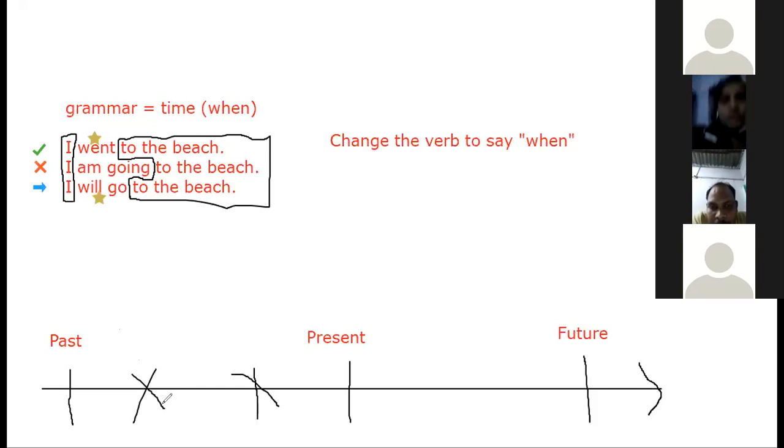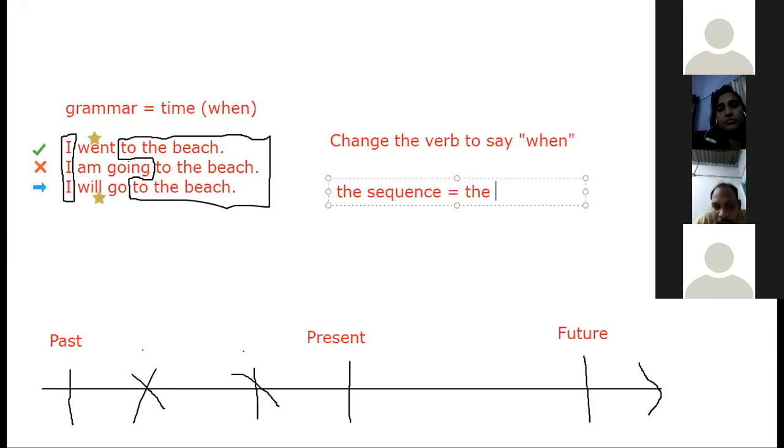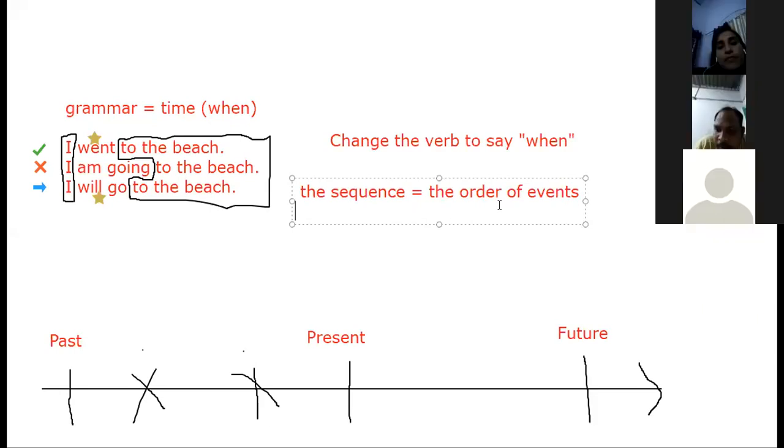So one thing happens before the other. One thing happens first. And you need to let your listener know the sequence, the order of events. That's why we use the past perfect. It's to show a sequence, an order, so people know what order something happened in.